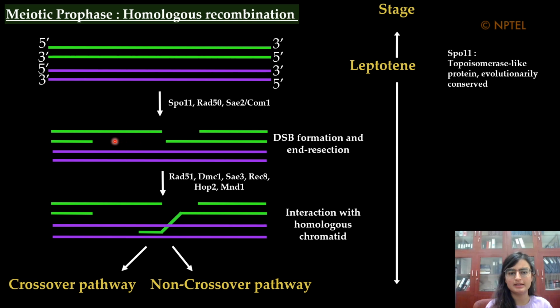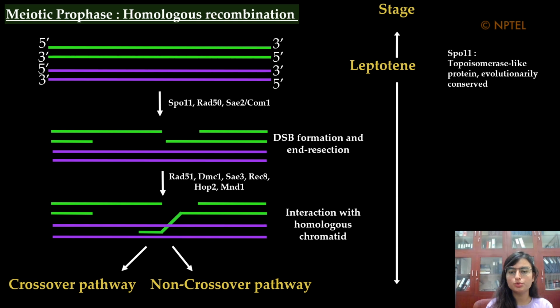Similarly on this strand, which leaves an overhang at the 3' end, and these single-stranded tails are generated on the 3' end. These single-stranded DNA tails are recombinogenic in nature, and they are coated by another protein called RAD51, which leads to the formation of a nucleoprotein filament here.